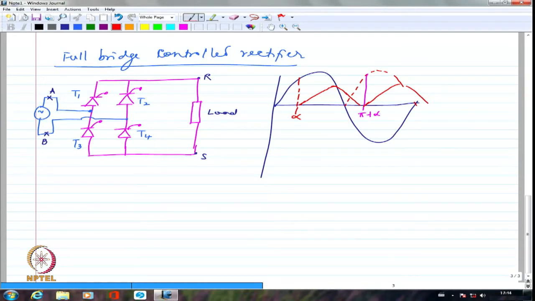If the inductance were strong enough, it would have stored sufficient energy to pull the conduction along even from 180 degrees to 180 degrees plus alpha. If the inductance is not sufficient, I will have only a smaller amount of stored energy, because of which it will not be able to pull along for too long.